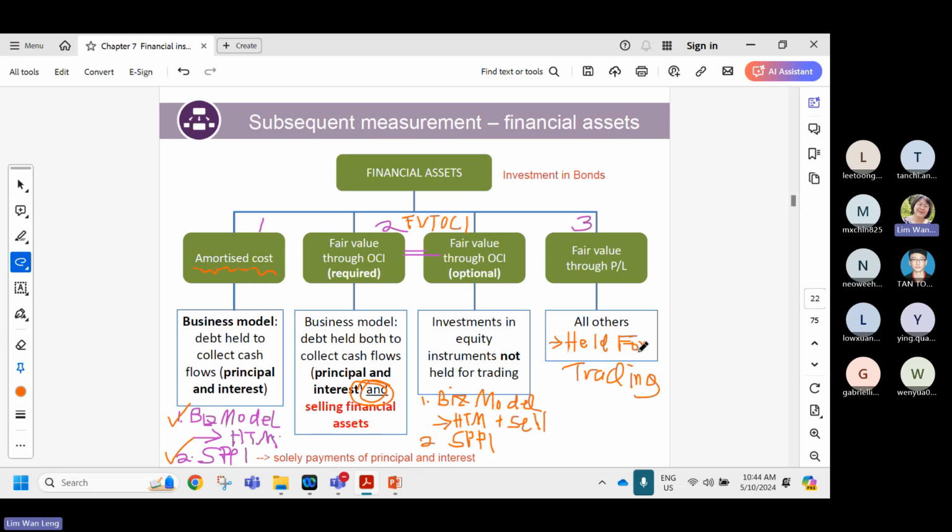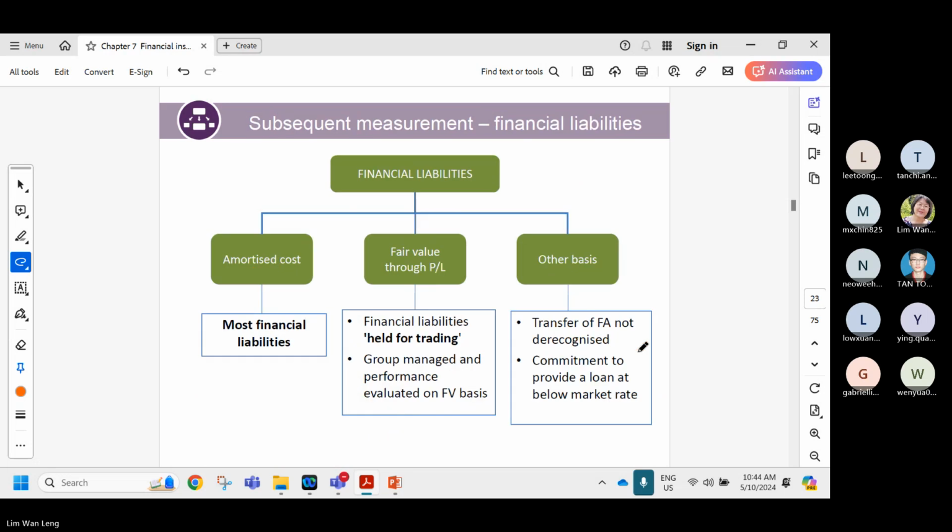Okay, got that? Same goes with the financial liabilities. If you want to measure it at fair value through the profit or loss, it must be held for trading. Amortized cost will be most of the financial liabilities.